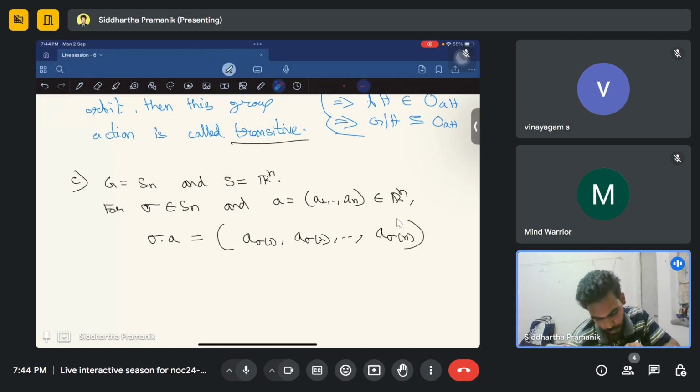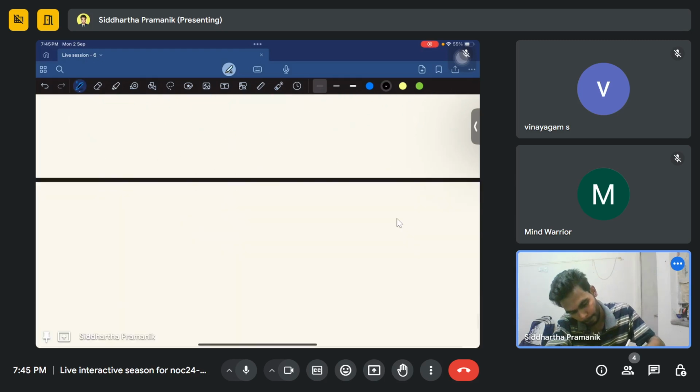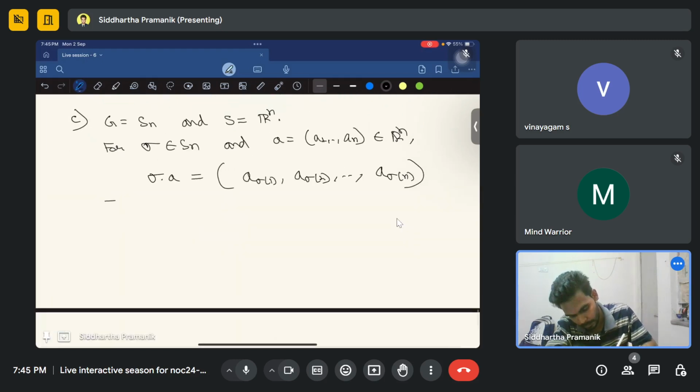So what we are doing? We are taking this n-tuple and just permuting its coordinates. So applying sigma on a means we are permuting the coordinates of a by using sigma. So this is a group action. So let me prove this.